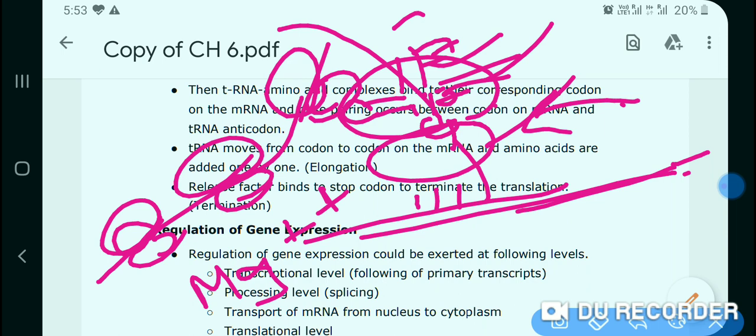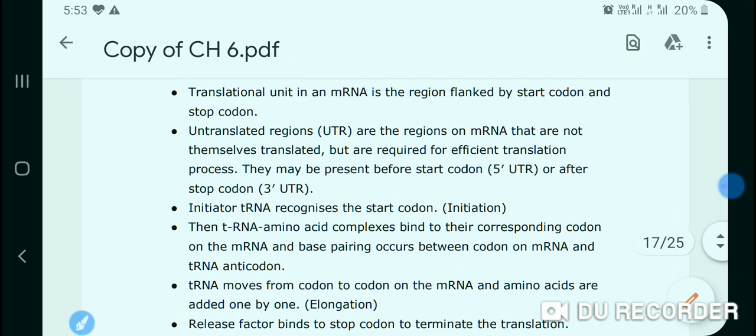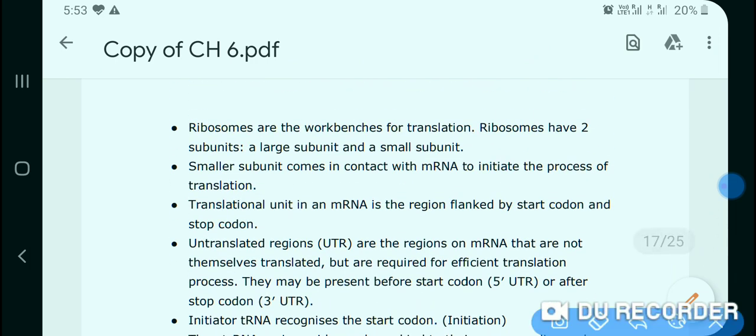Then a question arises, what is the difference between the translation in prokaryotes and translation in eukaryotes? You know that in prokaryotes there are no demarcated regions, that is, no nucleus is present with nuclear membrane.